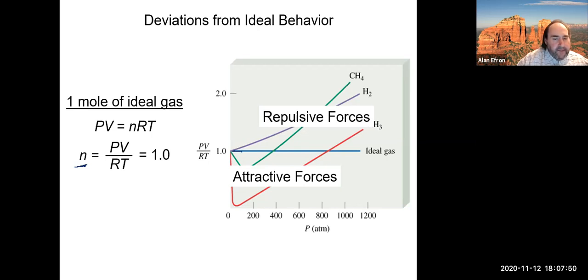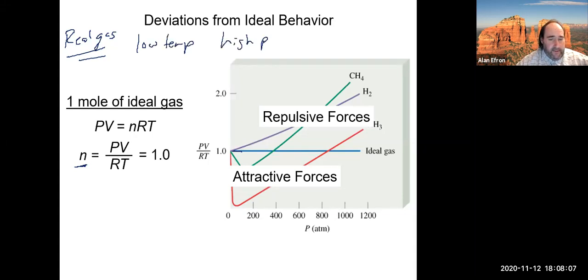And what happens when we're not in an ideal situation, in what's sometimes referred to as a real gas situation? Those occur at really low temperatures and really high pressures.